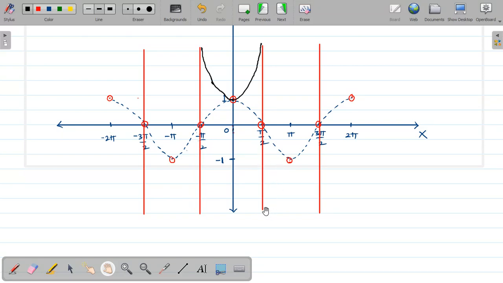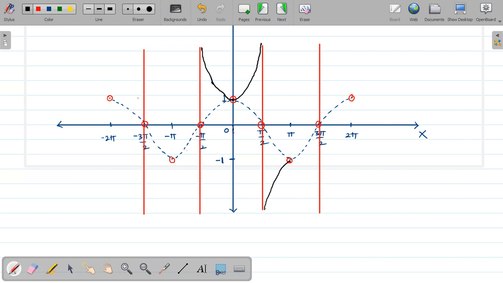Now from minus infinity, here sec pi by 2 will be minus infinity. So we have to show like this. It is increasing like this, and it reaches to minus 1.